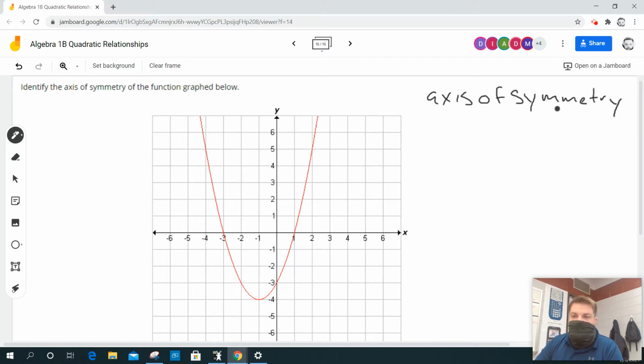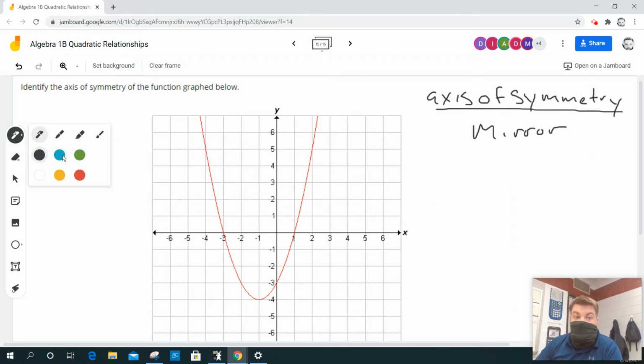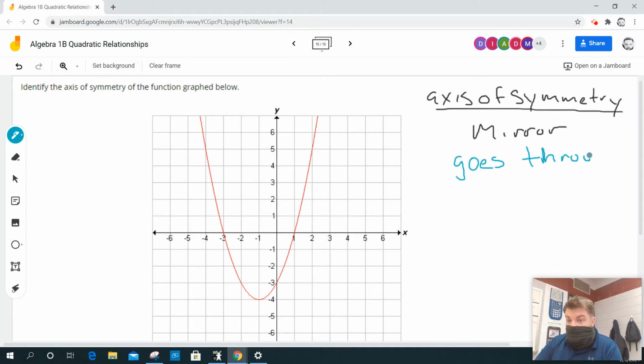Also, at least for quadratics, it is usually going to be a vertical line that goes through the vertex.